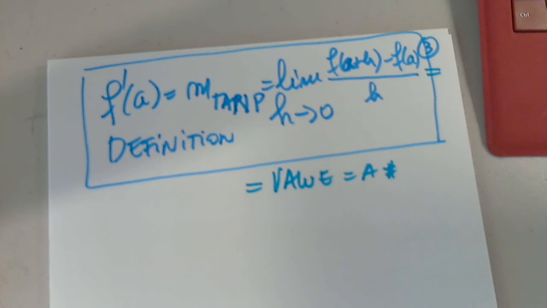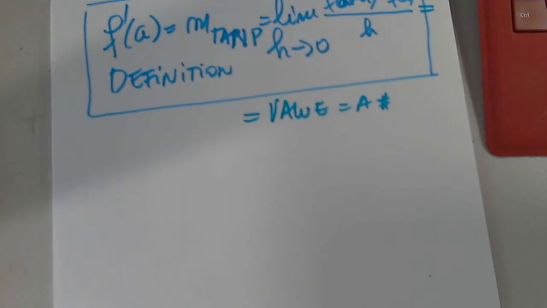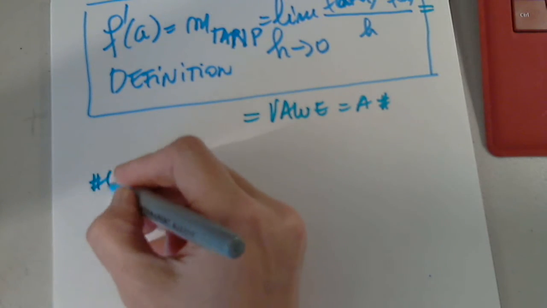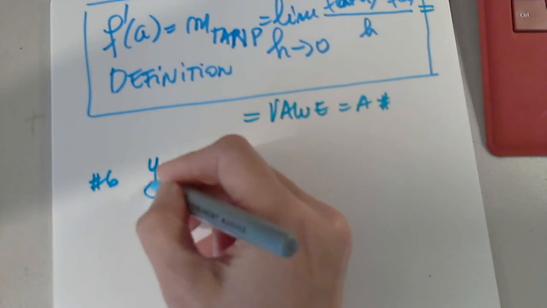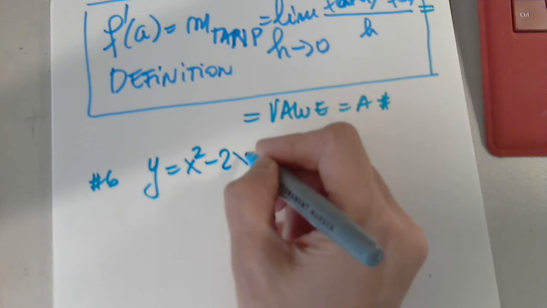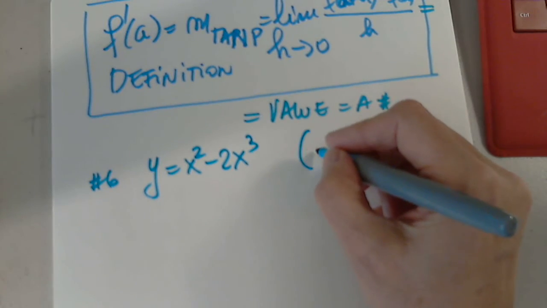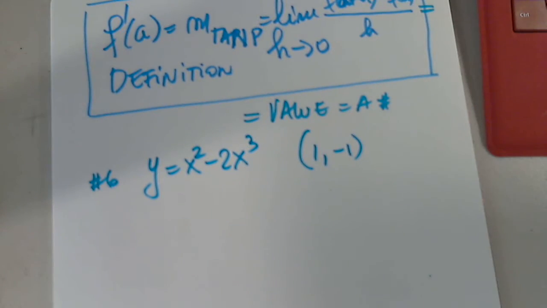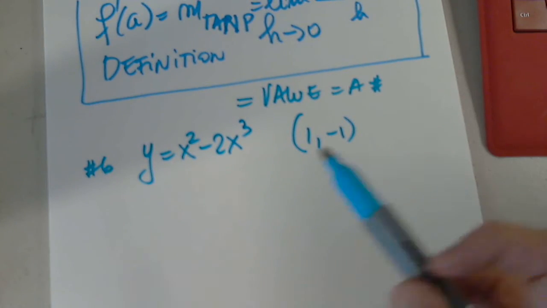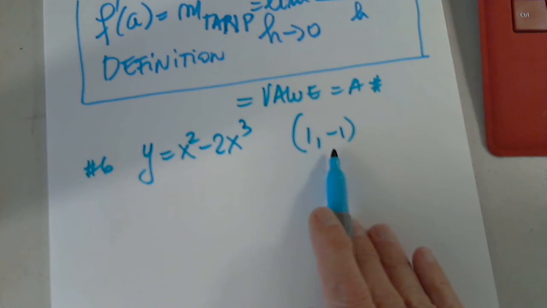Okay. Very good. So let's say problem 6. We have y equals x squared minus 2x cubed, and the point given to us is 1 comma negative 1. Obviously, when I plug in 1, I know it's negative 1. That's correct.